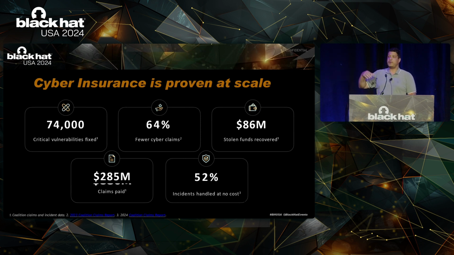On top of that, for FTF, funds transfer fraud, we were able to recover $86 million in funds. We paid $285 million in claims, and we handled 52% of the incidents at no cost to the customer. So these are just some benefits. Cyber insurance does pay claims, and there are benefits to it outside of just having the coverage.